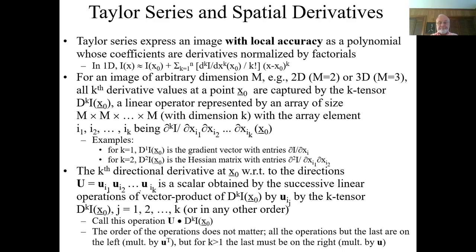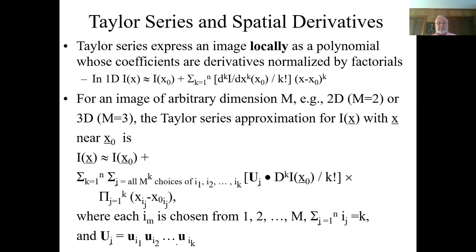So you end up with these k tensors used, multiplied by the product of the corresponding entries x minus x0 or y minus y0 or z minus z0 in 3 dimensions, or x minus x0 or y minus y0 in 2 dimensions.